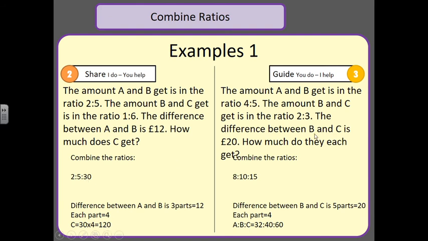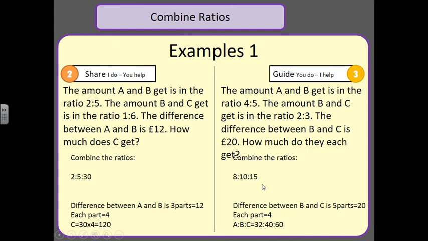So to see that again on the second example, I've got 2 ratios here, 4 and 5, and 2 and 3. I combine them, so this number here I'm going to make into the lowest common multiple of 5 and 2. Well, that's 10, so I combine them both to make 10. So that means I'm timesing the first ratio by 2, the second ratio by 5, and that's the result.